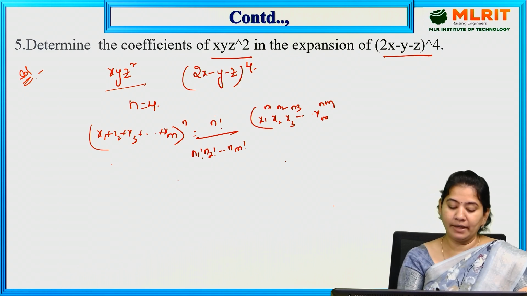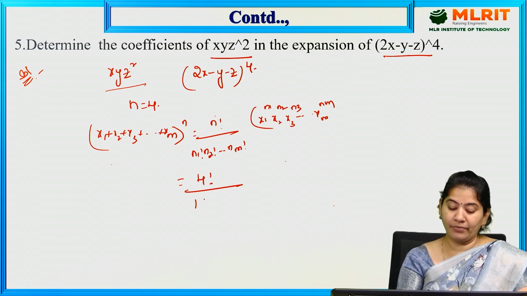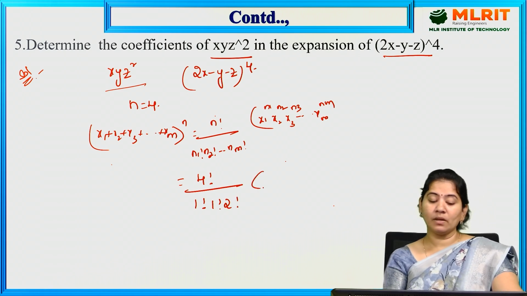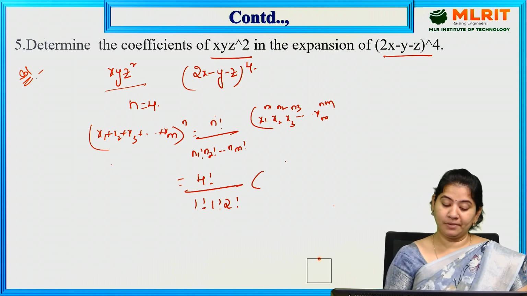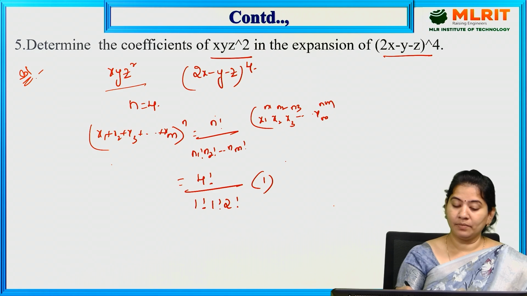So now if you take n value as 4 factorial, for x, y, z it is 1 factorial into 1 factorial into 2 factorial. Now we need to take the coefficients here. So 1 is nothing but 1 power 1.